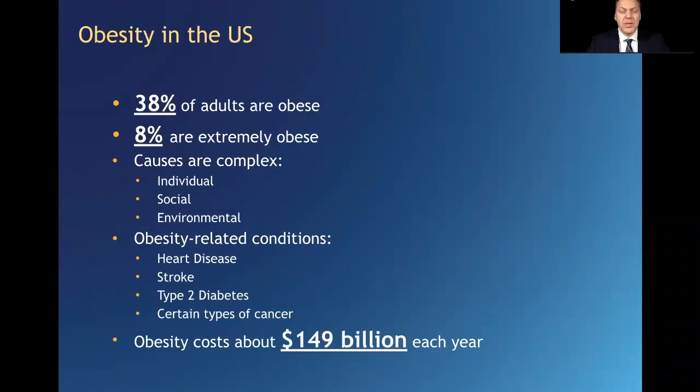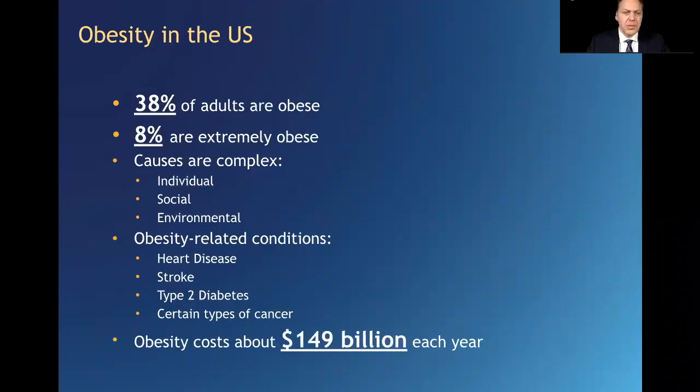The causes of obesity are complex and include individual, social, and environmental factors. Our portions became bigger, and food quality became much worse. We have more processed food, less nutritious whole food, less activity, and obviously a more sedentary lifestyle.